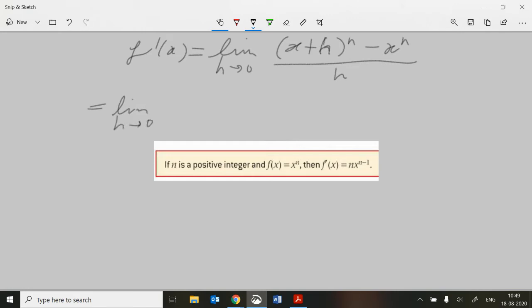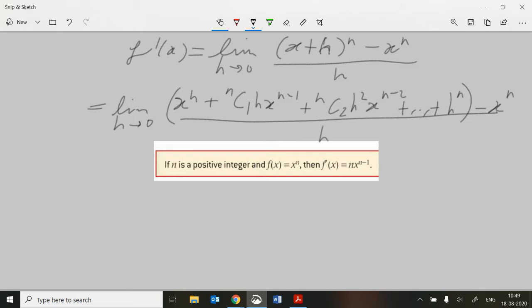So the limit of x to the n, expanding this, plus nC1 times h x to the n minus 1, plus nC2 h squared x to the n minus 2, plus all the way down to that last term, which is going to be h to the power of n. That's the expansion there, and then we're taking away x to the power of n, and we're dividing the entire thing by h. Put brackets around there if you want to.